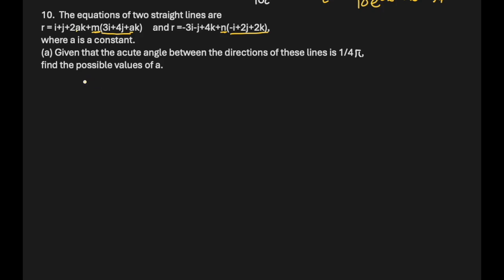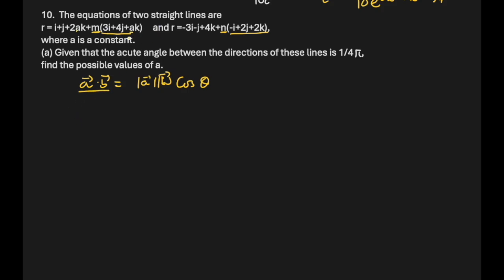So the dot product of two vectors is equal to magnitude of a multiplied by magnitude of b cos the angle between them, right? So let's do this one first.